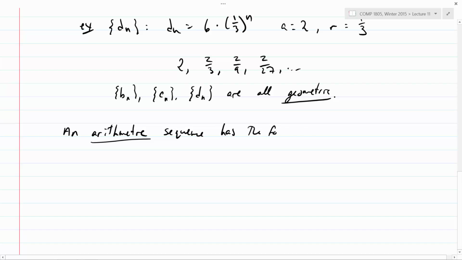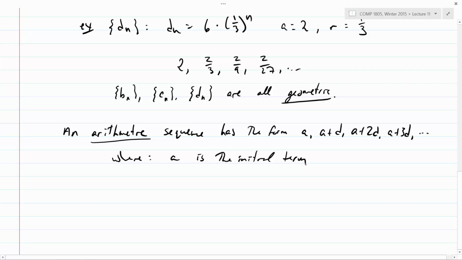An arithmetic sequence has the form a, then a plus d, then a plus 2d, then a plus 3d, and so on. Here, a is still called the initial term, just like before. d is called the common difference.